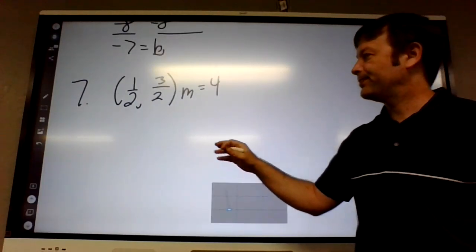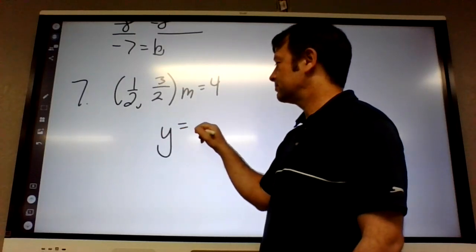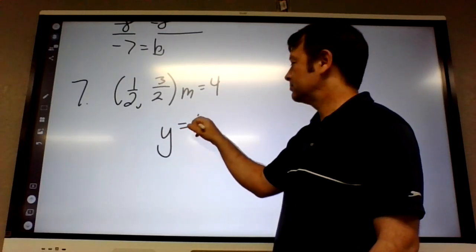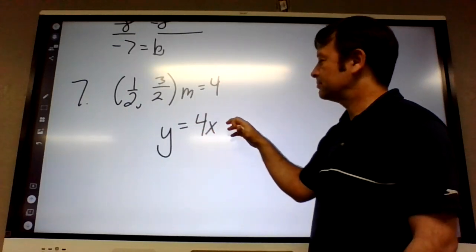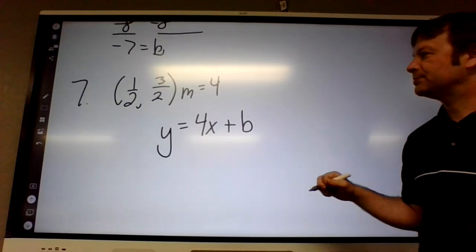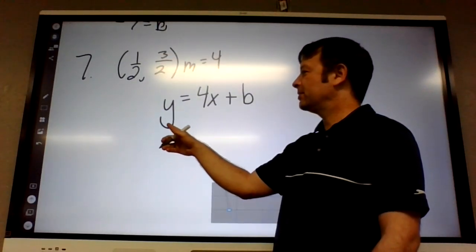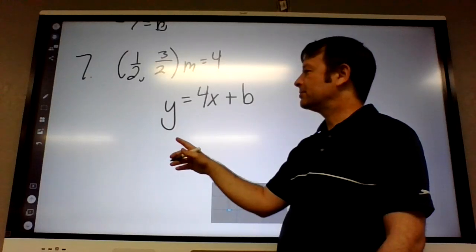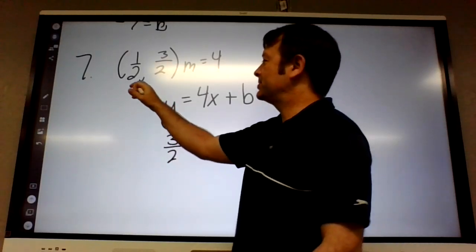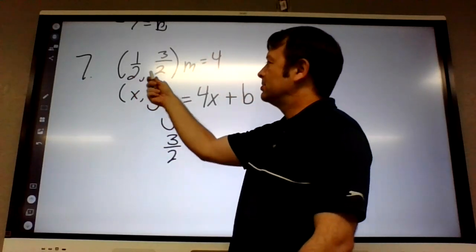All right. So first you do the whole y equals 4x plus b. And then you plug in those numbers for x and y. It's going to go right here, the 3 over 2, because coordinates are in alphabetical order. It's always x and y.